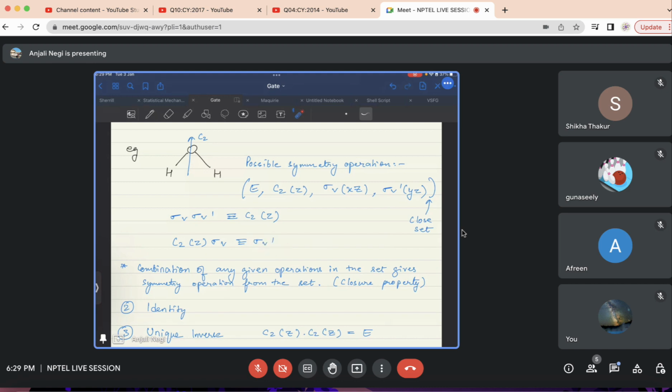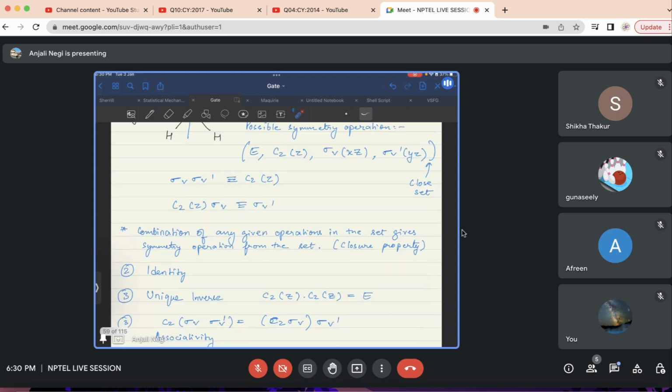Okay, so this is what we call the closure property, and the set that we have just written down or created is a closed set, because all the operations are coming from there only, and the combination is also equivalent to any of the operations which belong to the same set. So the combination of any given operation in the set gives a symmetry operation from the set above. That is what we call the closure property.